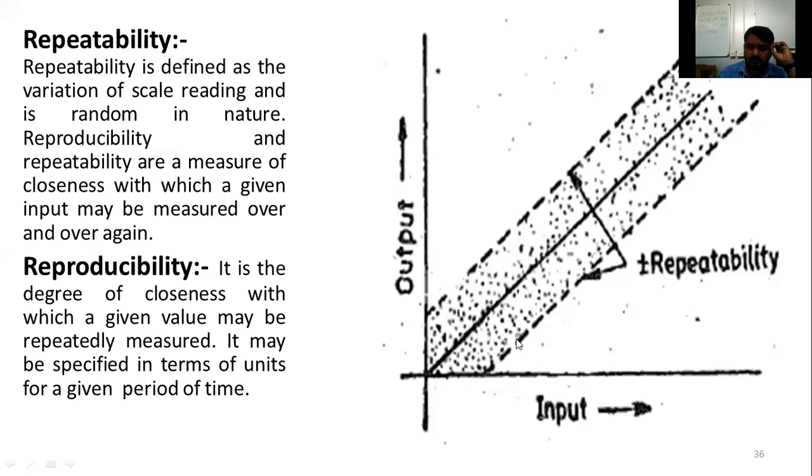Roll number 22. Akshay Kale. Roll number 22, Akshay Kale. I will put absent and I will remove you from the meeting if you're not responding.